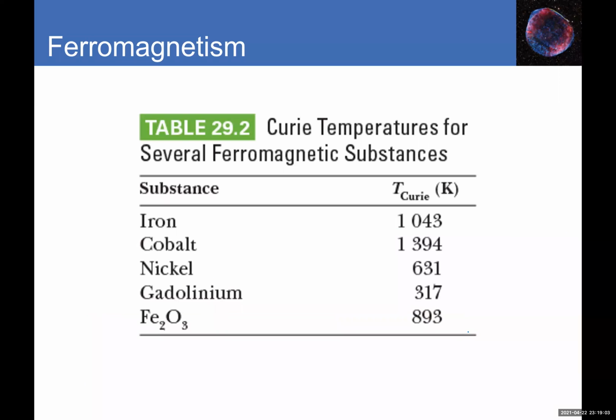Okay. So one of the things we have here is what we call Curie temperatures for several ferromagnetic substances. In terms of temperature dependence, remember, we're talking about the motion of the atoms, the spin.